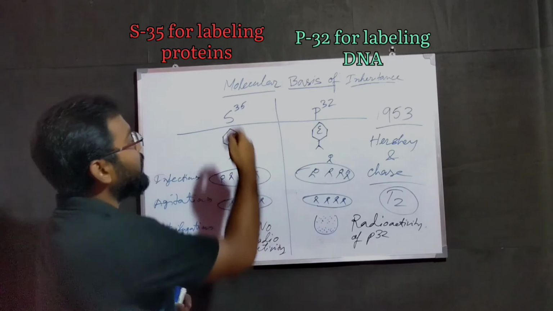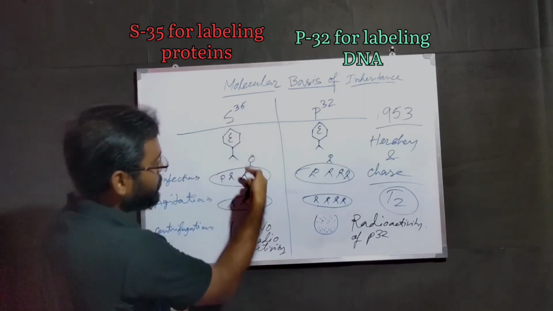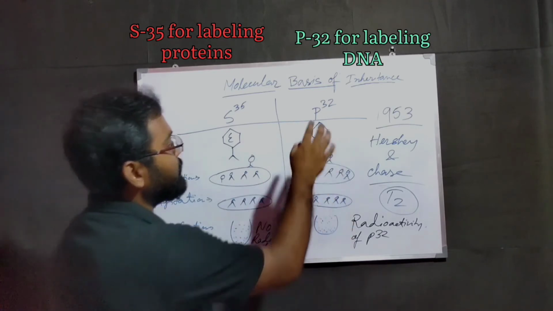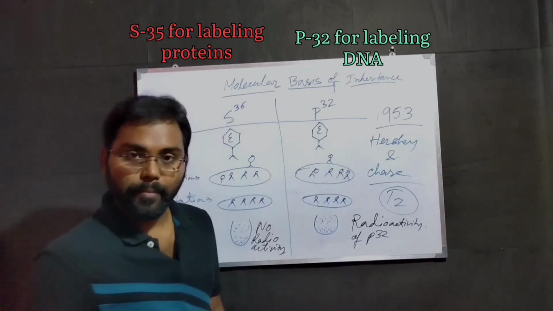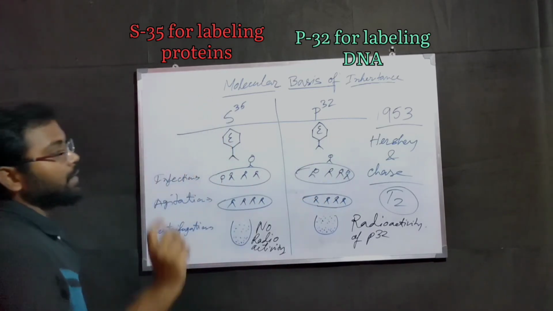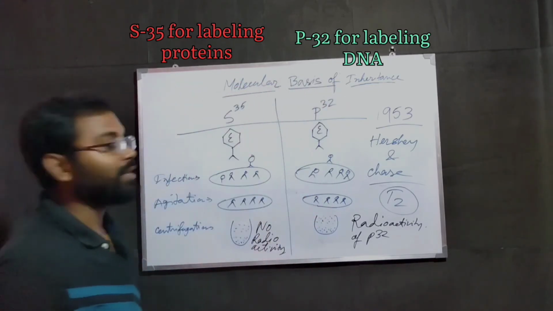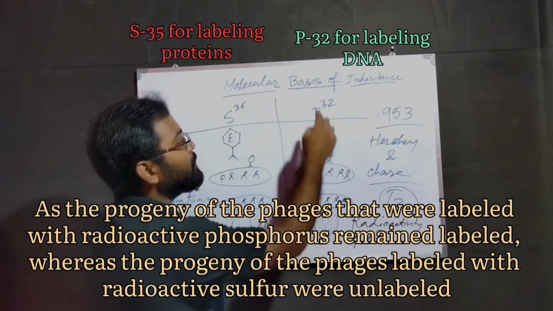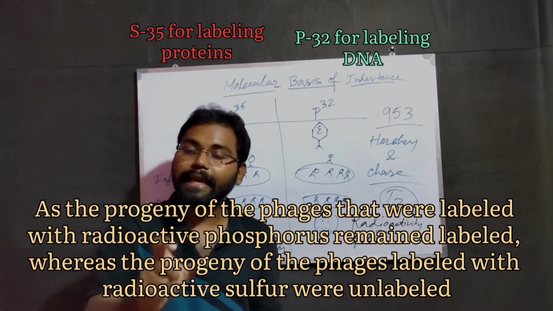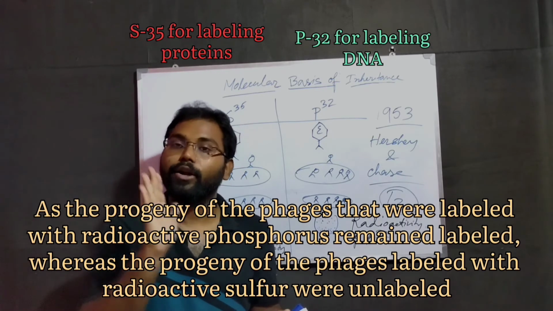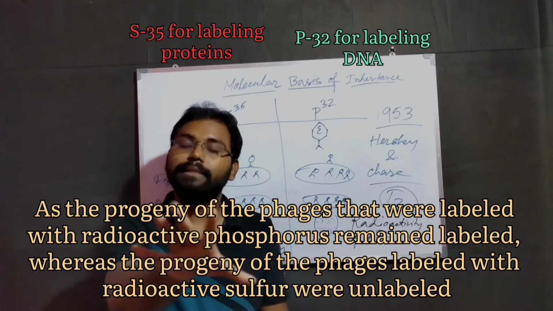So it is clear that S35 is not transferred from the phages to the bacteria, and P32 is transferred from the phages to the bacteria. That means DNA is the genetic material. As we know, P is only present in DNA. So the DNA entered the cell but not the protein. So they concluded that DNA is the genetic material.